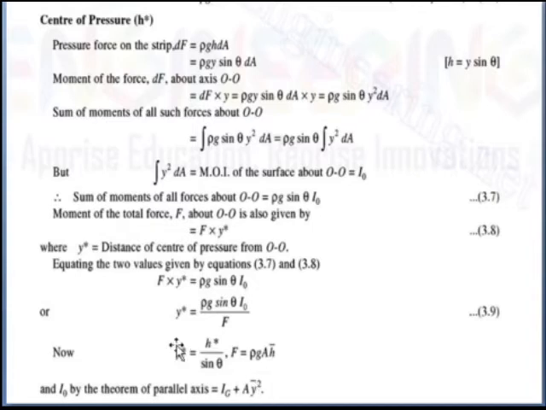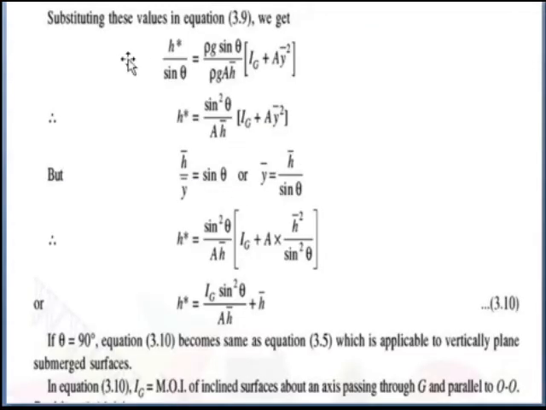Putting these three values into equation 3.9, we get a star upon sin theta is equal to rho g sin theta upon rho g A h bar into bracket I G plus A y bar square. The rho g cancel out, so a star is equal to sin square theta upon A h bar into bracket I G plus A y bar square.